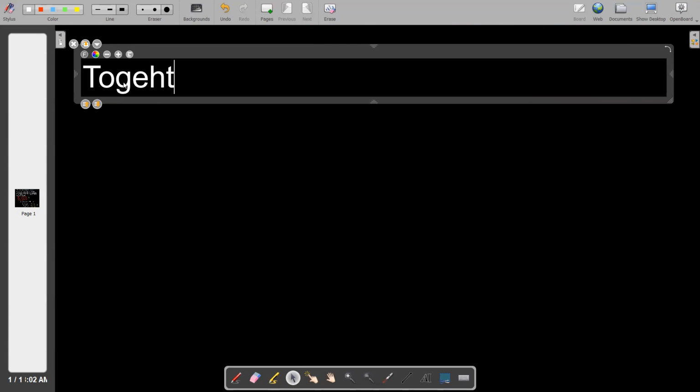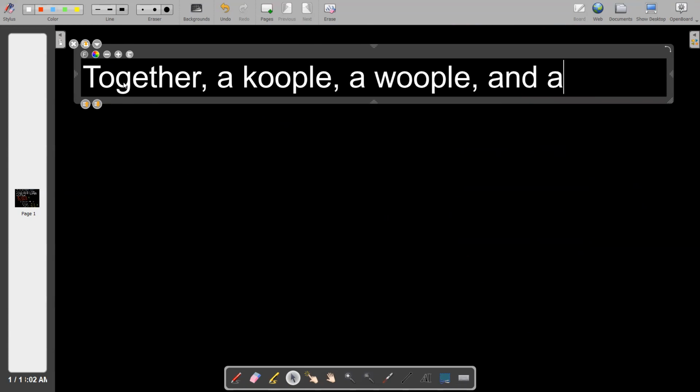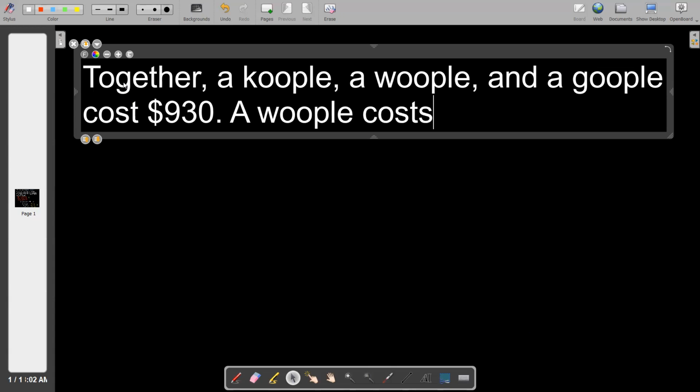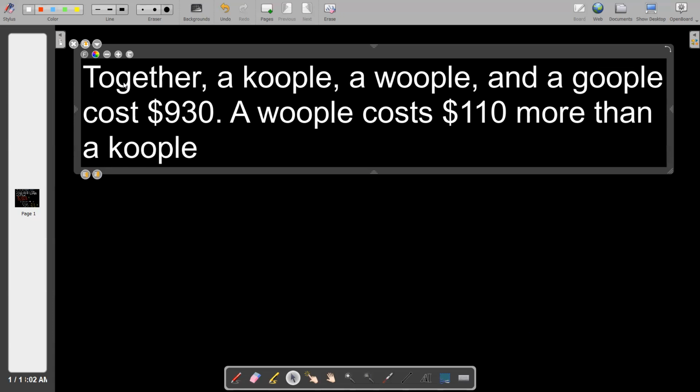So, a couple, a Whoople and a Goople cost $930. A Whoople costs $110 more than a Goople.